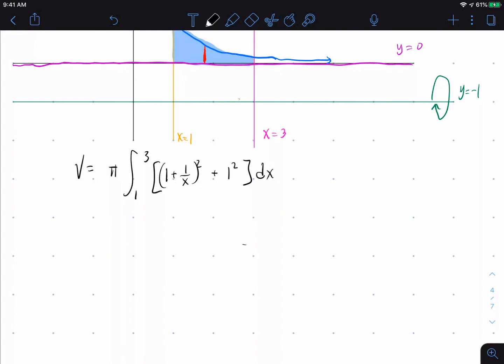Okay, so then expanding this thing, all right, pi integral from 1 to 3. I'm going to get 1 plus 2 over x plus 1 over x squared minus 1 dx.